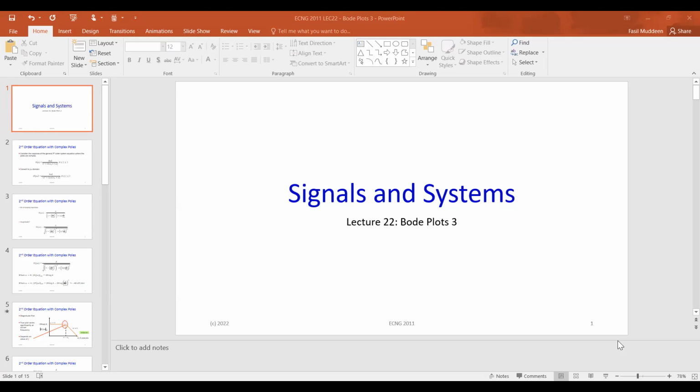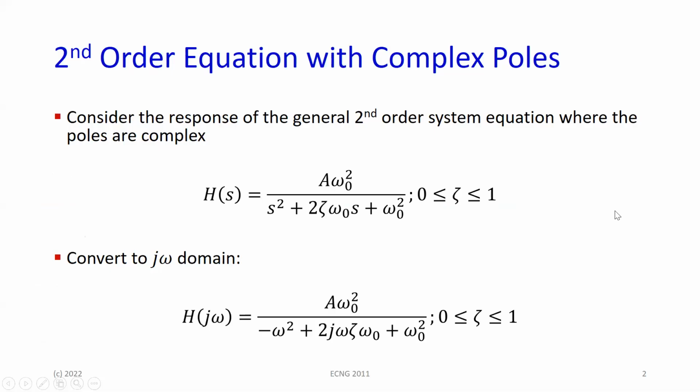The one thing left, the one unusual creature still left, has to do with the second order responses. And there are second order systems where the poles are complex, right? Remember when we were doing the step responses of systems, we saw that with systems where the poles were complex, you started to get this sort of behavior, right?